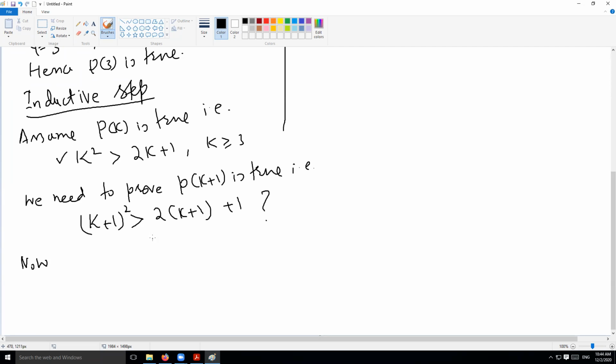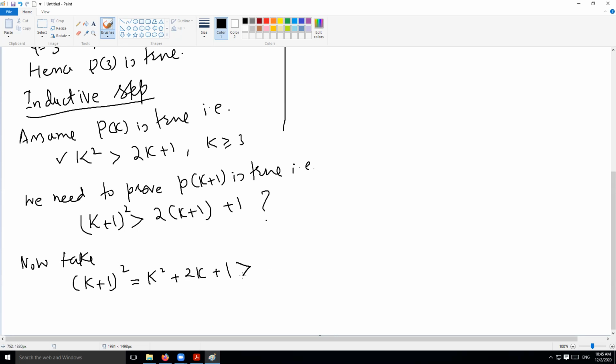So take the left hand side and try to prove that it is bigger than the right hand side. K plus 1 square, if I expand it, I'm going to get K square plus 2K plus 1.